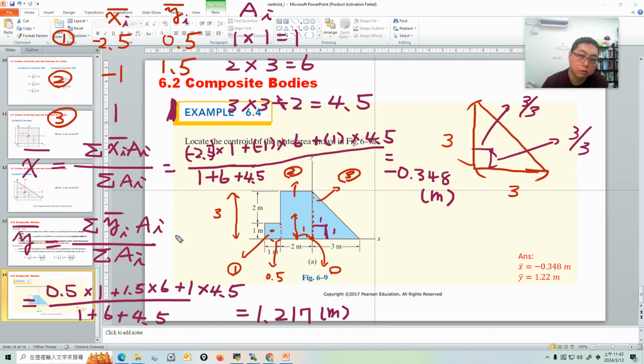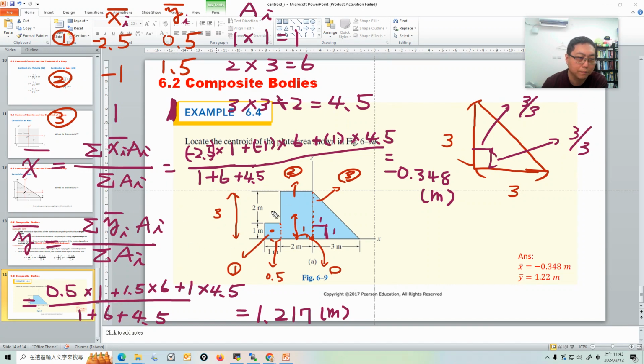This technique is used a lot, especially later when we calculate something called the neutral axis. When you calculate the neutral axis, you use the same procedure as when you calculate the centroid of a composite body.